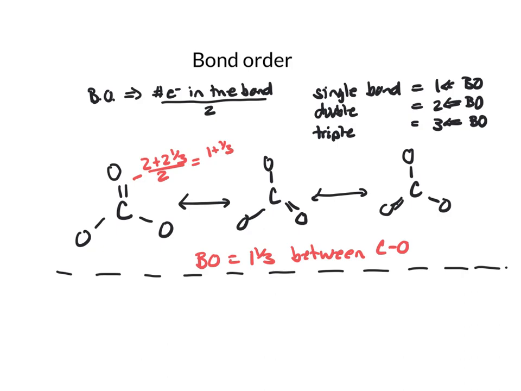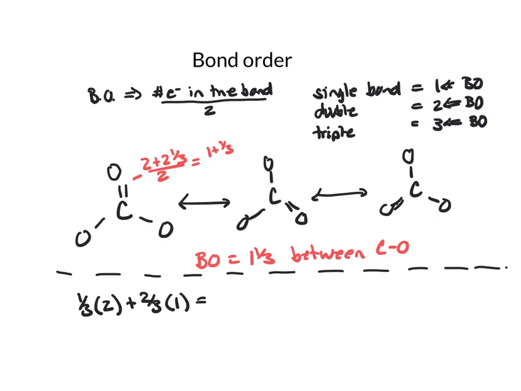Another way to think about this is that the bond order is the weighted average of all of the bonds in this structure, because this double bond can be anywhere. So I can only do this if I can write equivalent resonance structures. So the weighted average of the bond orders is that 1/3 of the bonds are double bonds, have a bond order of 2, plus 2/3 of the bonds, 2 out of 3, are single bonds, have a bond order of 1.